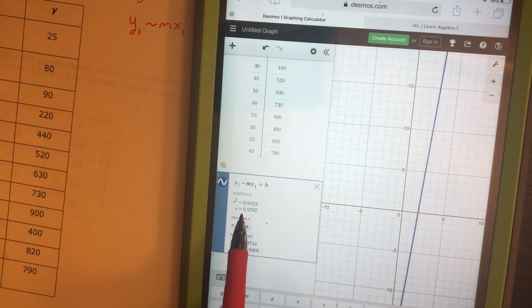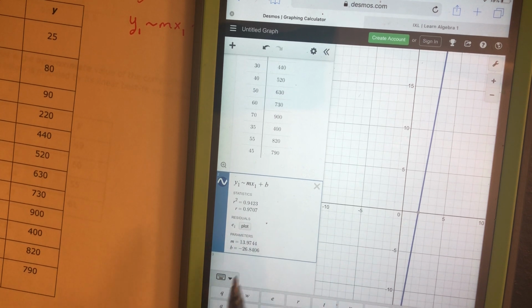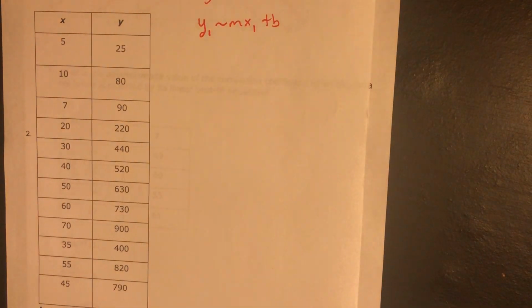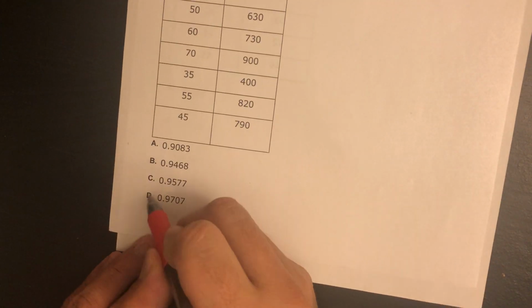The R equals is your correlation coefficient. Don't worry about the R square. Don't worry about the residuals. Don't worry about anything else. The only thing you care about right now, because you're looking for the correlation coefficient, is the R equals. So therefore my correlation coefficient is 0.9707, which is answer choice D.